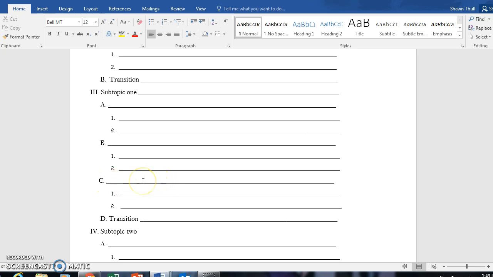And then the same process for subtopic 2 and subtopic 3 is how I had done it.